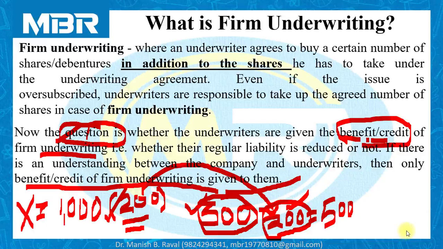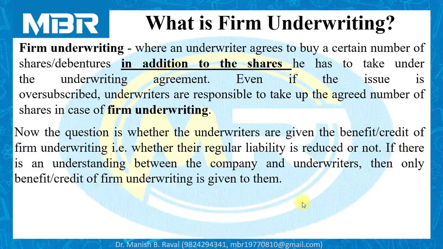Here you need to remember one most important rule. If it is clearly mentioned in the question, we will give credit to the underwriter for firm underwriting. Otherwise, we need not provide any credit or benefit for firm underwriting to the individual underwriters.